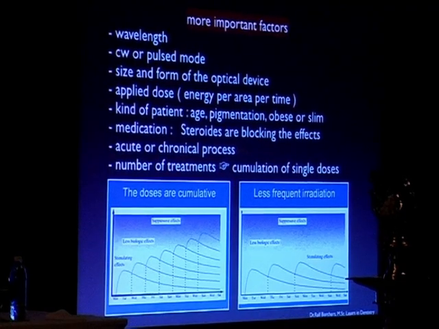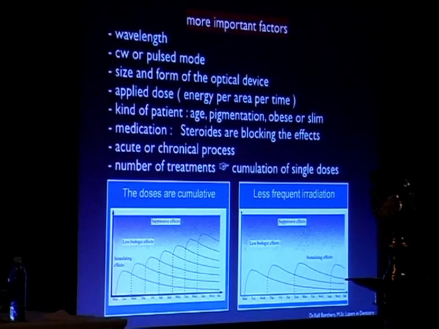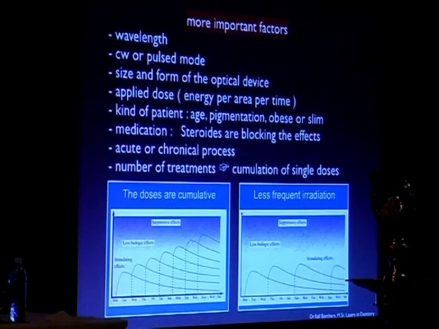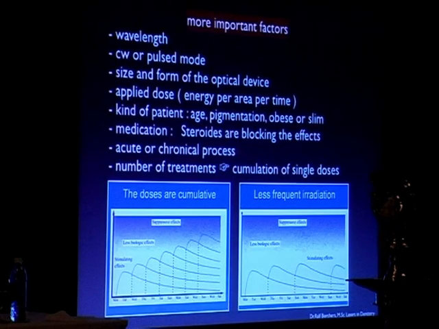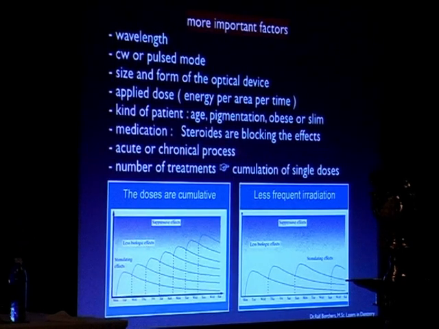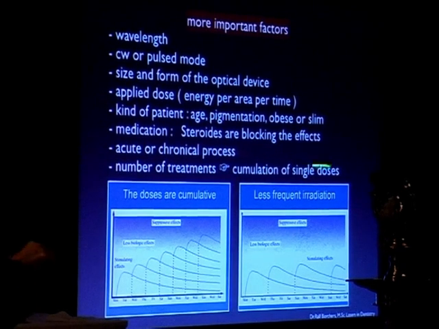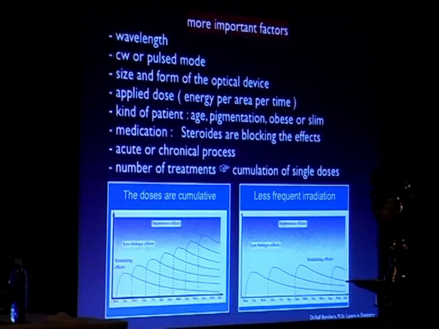If you use it in chronic processes, you use it every second day, because if you use it too often, the doses are cumulative and you will get no stimulation, but you will get an inhibition if the dose gets too high. So if you use a less frequent irradiation, it will be much better. You will get only stimulation.